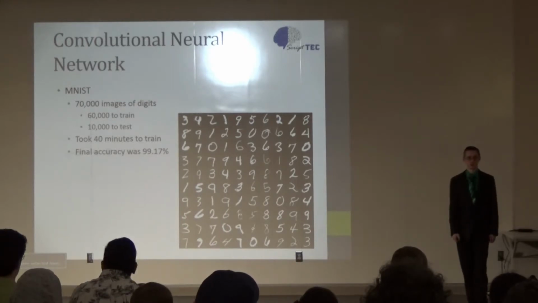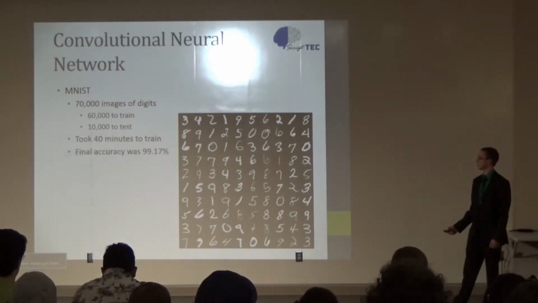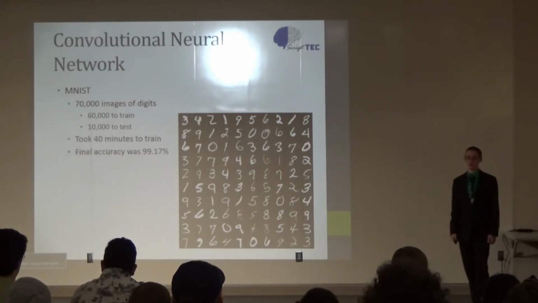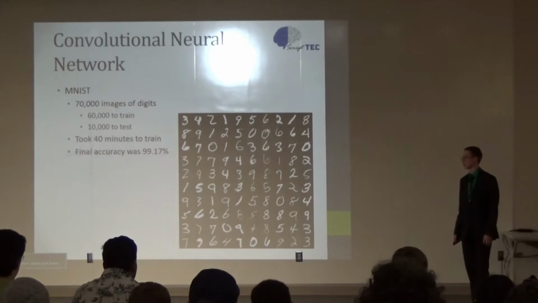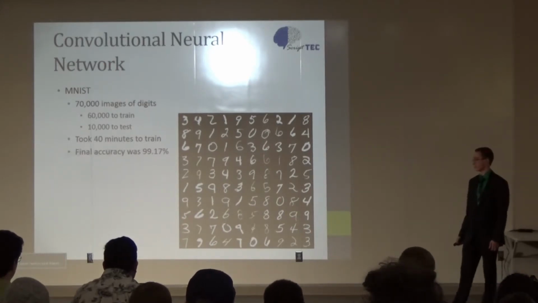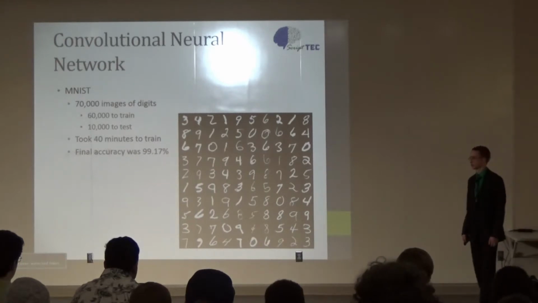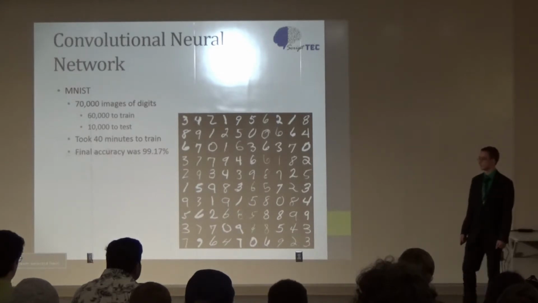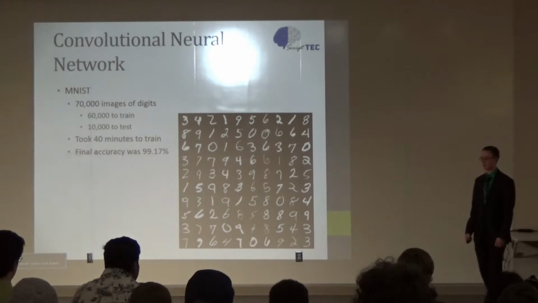And eventually it recognizes these features and what makes up each number. But to make sure it actually learned how to identify these characters, we use the last 10,000 digits and don't tell it the output to see if it actually can come to the correct conclusion. On my laptop, this neural network took 40 minutes to train, and the final accuracy was 99.17%. Now that sounds really good, but that's mostly because the MNIST database is specifically designed for training and testing neural networks.